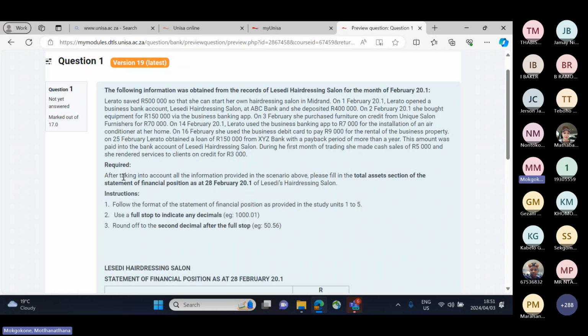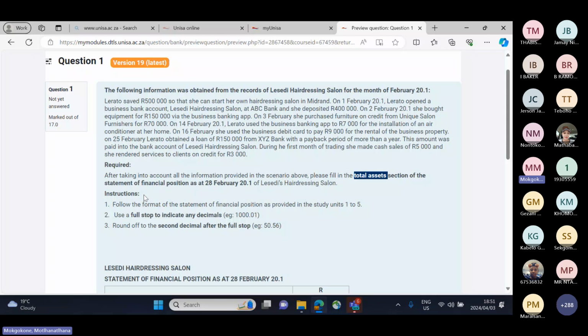Required: after taking into account all the information provided in the scenario above, please fill in the total assets section of the statement of financial position as at 28 February 20.1 of Lesedi Hairdressing Salon. And remember, for total assets, we are talking about non-current assets and current assets. They will give you total assets.